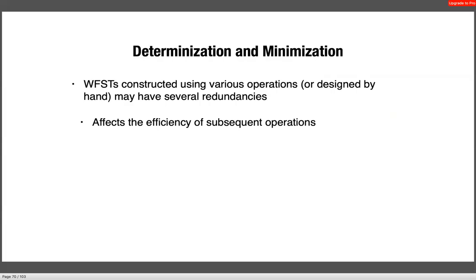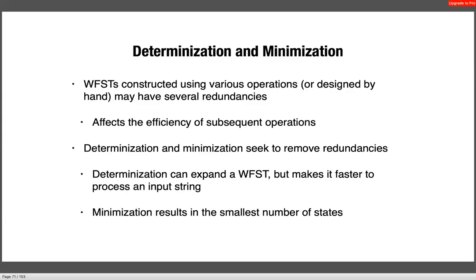But the resulting FSTs may have several redundancies, and such redundancies clearly affect the efficiency of operations performed on these resulting WFSTs. So determinization and minimization are optimization algorithms aimed at removing these redundancies.